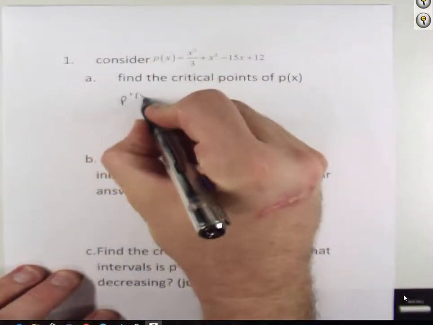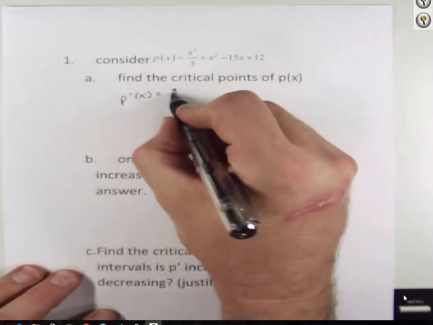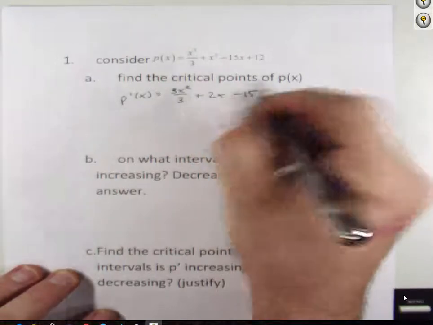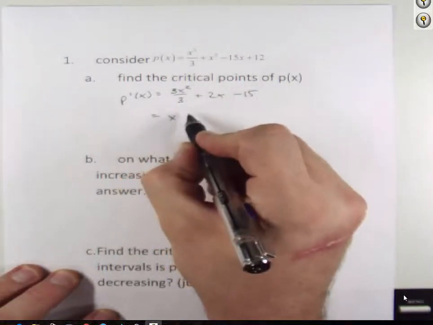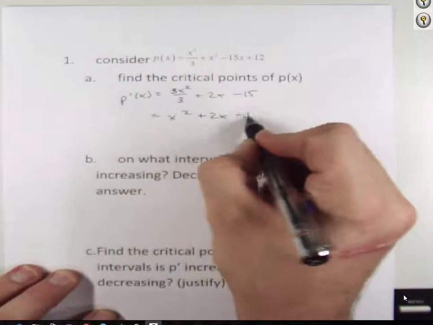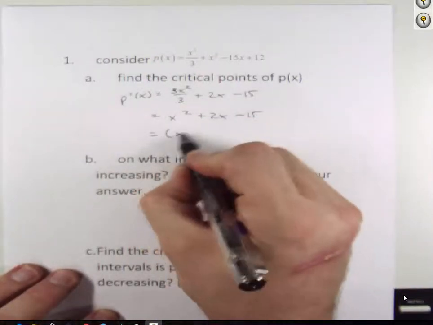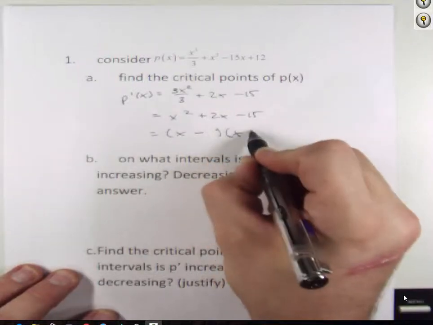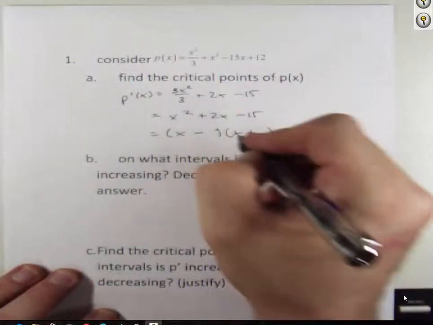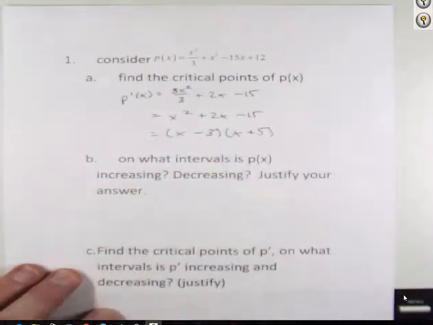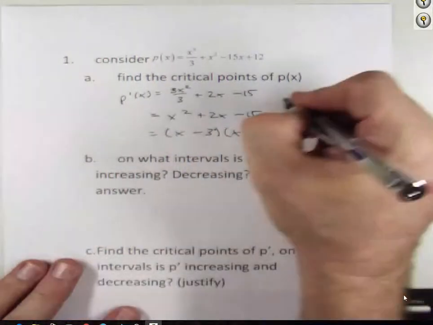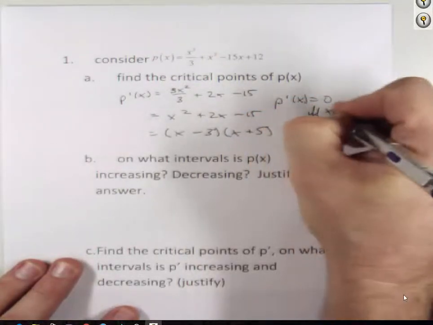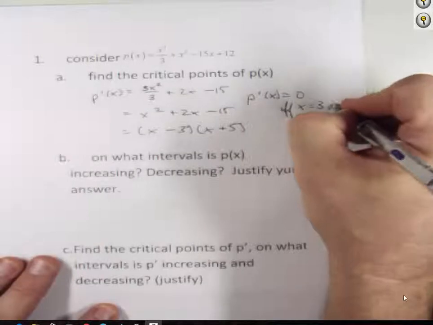So P prime of x is 3x squared over 3 plus 2x minus 15, which is x squared plus 2x minus 15, which is (x minus 3)(x plus 5), and it has to be this way. Okay, P prime of x will be 0 if and only if x is 3 or x is minus 5.